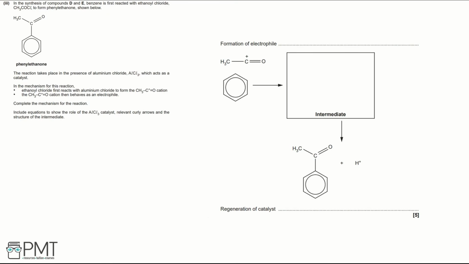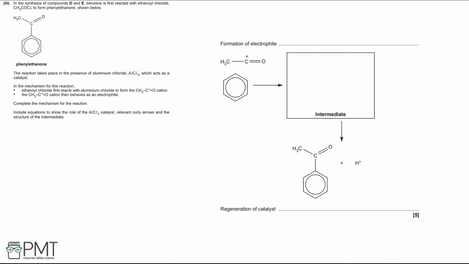Part 3. In the synthesis of compounds D and E, benzene is first reacted with ethanoyl chloride, CH3COCl, to form phenyl ethanone, shown below. The reaction takes place in the presence of aluminium chloride, AlCl3, which acts as a catalyst.